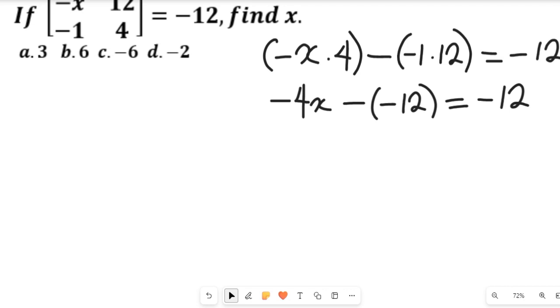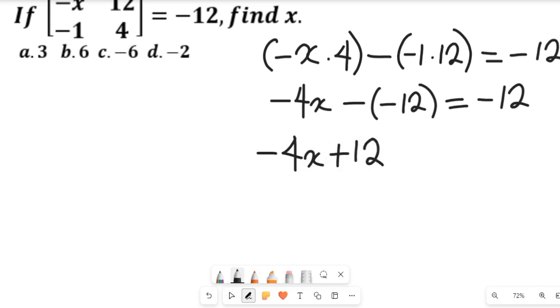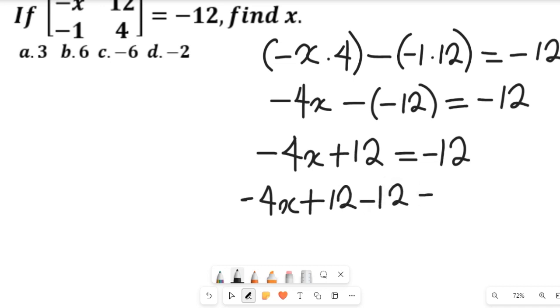Now, what do we do next? We're going to simplify. We'll have negative 4x; negative multiplied by negative gives us plus 12, and this will be equal to negative 12. Now, let's subtract 12 from both sides. We're going to have negative 4x plus 12 minus 12, equal to negative 12 minus 12.